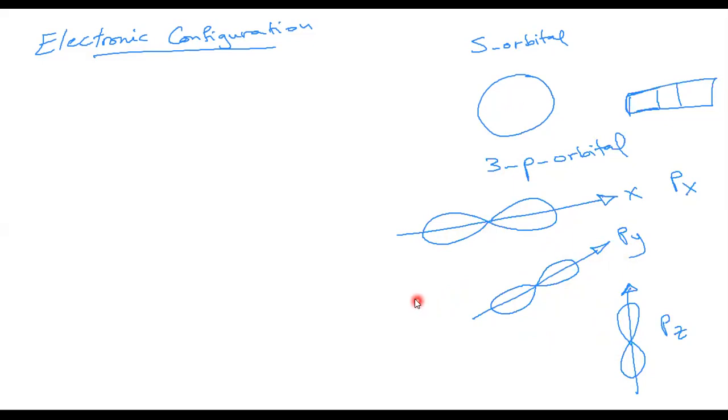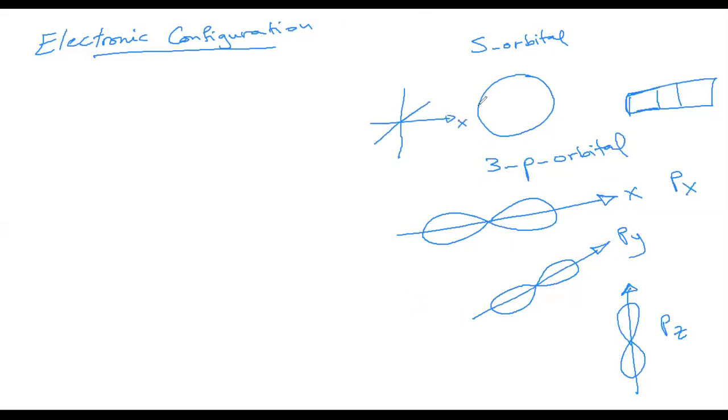Okay, so where do you find px and where do you find py and where do you find pz? Px lies along the x-axis. The py is perpendicular to it. You know that we have 3 axes, x, y, and z, and all of these are perpendicular to each other.